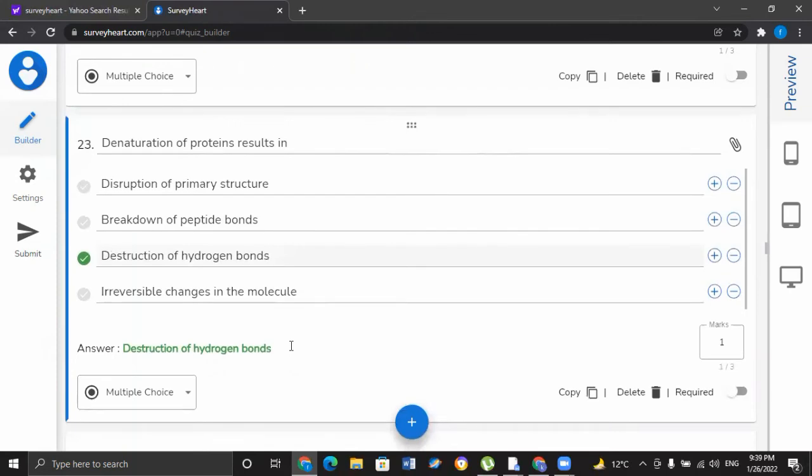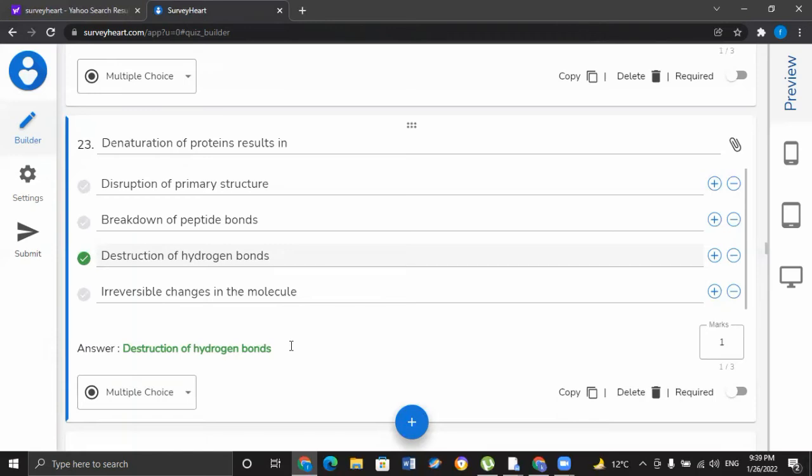Denaturation of protein results in. When we talk about the structures of protein, we have four different types depending upon the type of bond and the structural configuration: primary structure, secondary structure, tertiary structure, and quaternary structure. The hydrogen bond is present in the secondary structure as well as the tertiary structure.